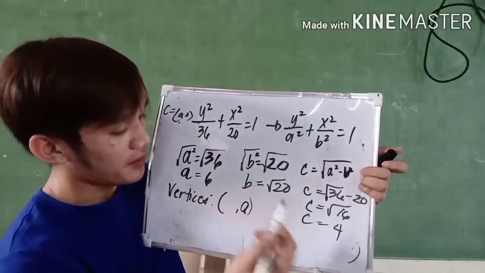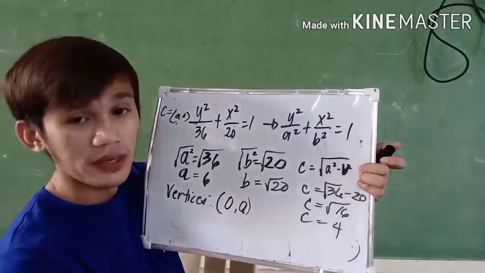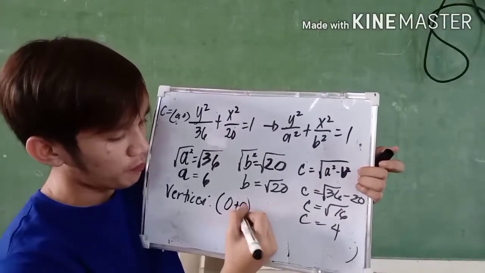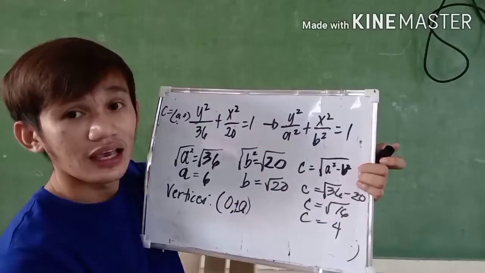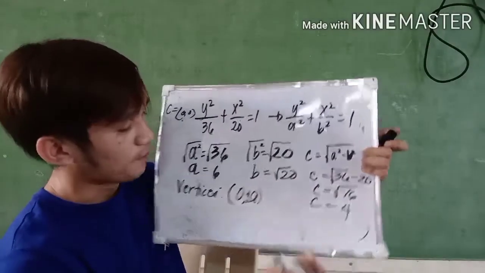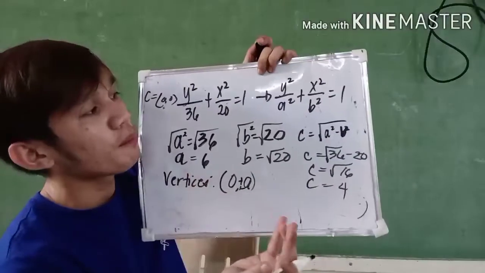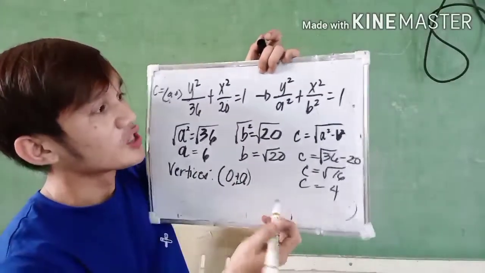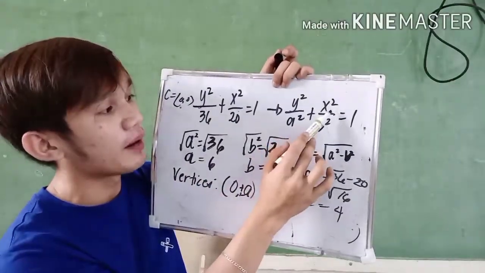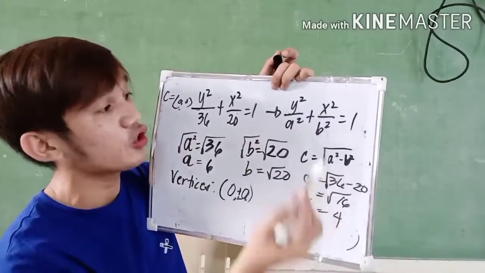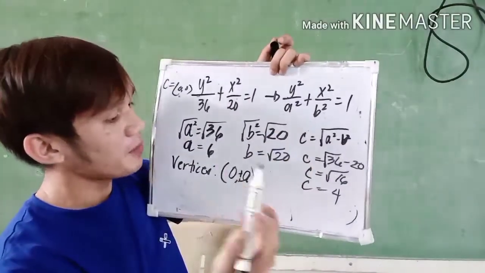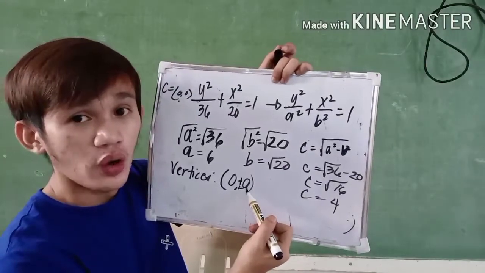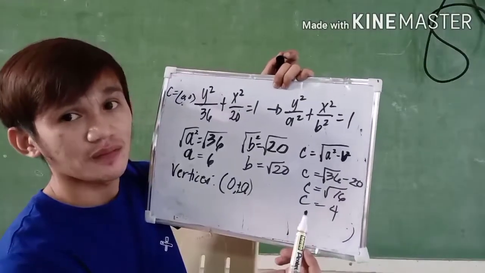So meaning your x will be 0. So this will be 0 plus or minus a. Halimbawa, kung ang mas malaking denominator na a is yung x, ibig sabihin ang isi-zero natin ay yung ating y coordinate. Okay?